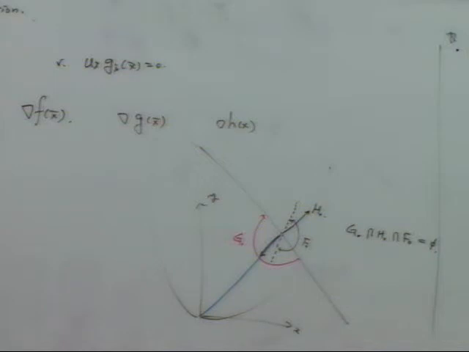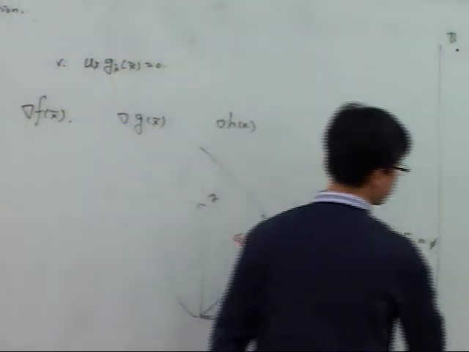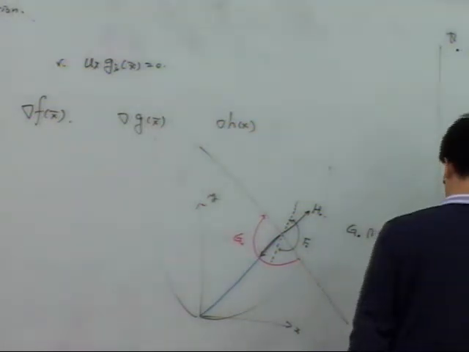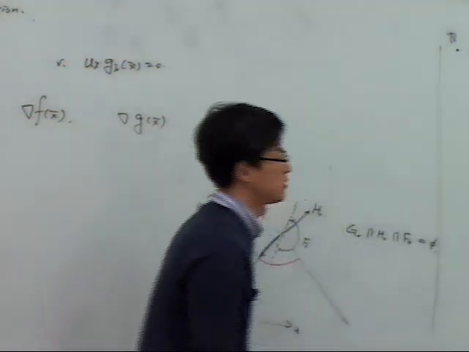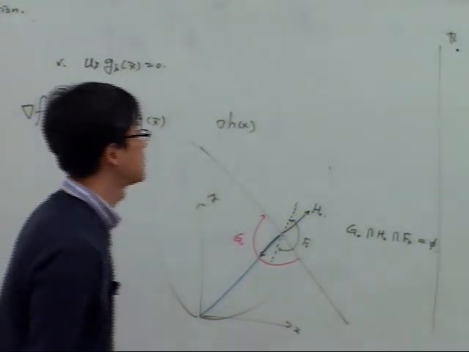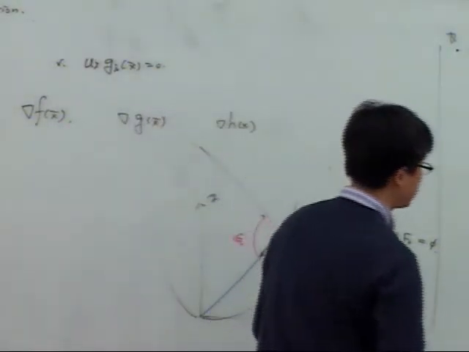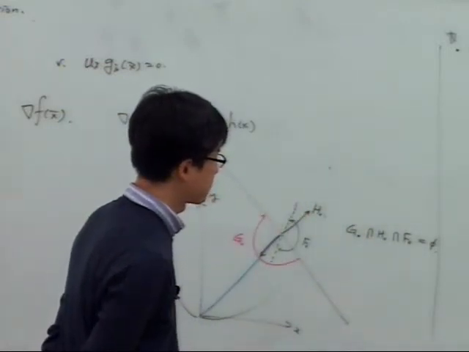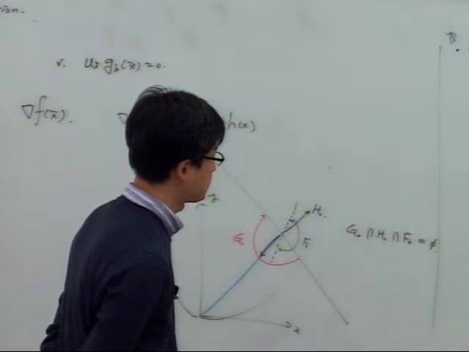Mathematically, the form is really simple. But what they are saying is exactly the same as this. That should be 0.